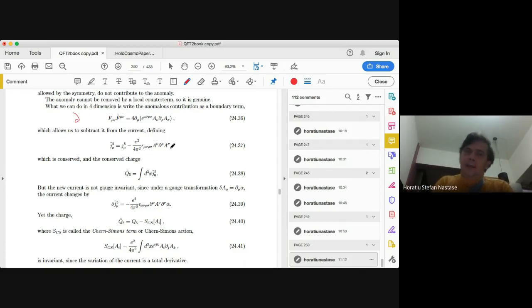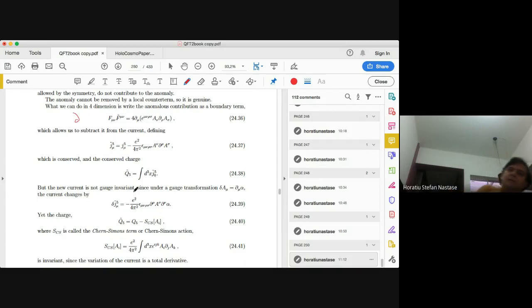And then this is conserved in the sense that now the relation is del mu j mu tilde 5 vev is equal to 0. The conserved charge is then the integral over space of j0 5 tilde.